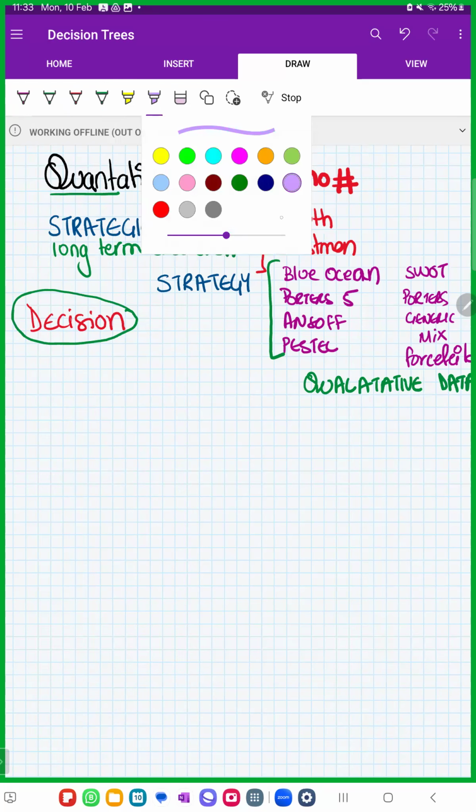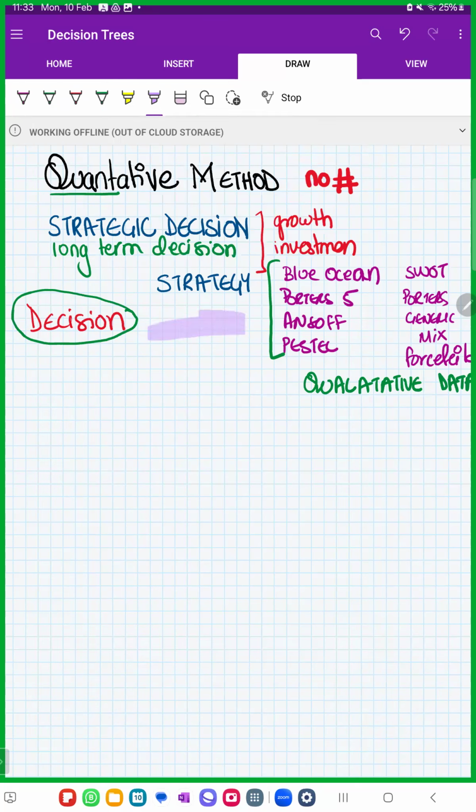How much will we take home if we do this project? Decision trees help you calculate what your net gain will be from a particular decision.